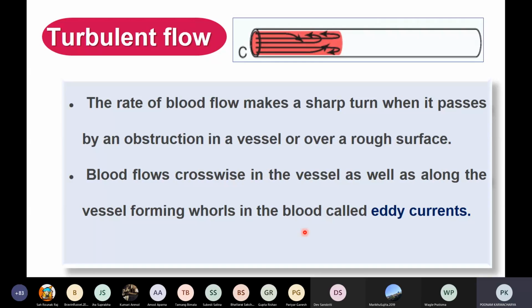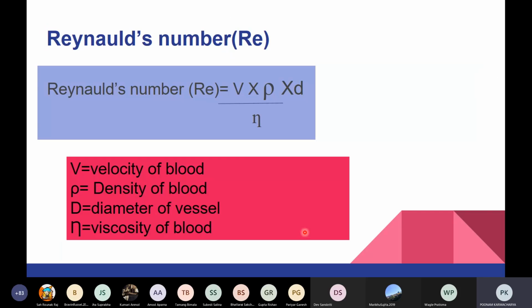Now, whether the blood flow is laminar or turbulent, to find that out, some scientists have given one formula, and that formula is called the Reynolds number. Okay, so by knowing the Reynolds number, you can know whether that blood flow is laminar or turbulent.